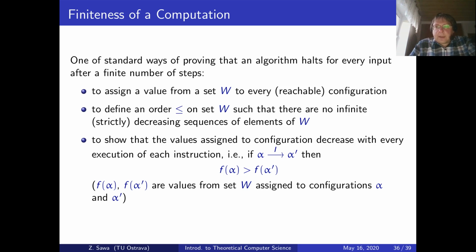So we can try to think about some value which is decreased during the computation. It is not necessarily the value of some variable. It can be something computed from the values of several variables. If we have some particular configuration, then from it we can compute some value, and we choose such a value that we ensure that in every step this value is decreased.